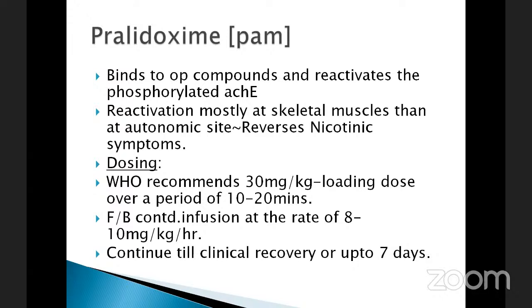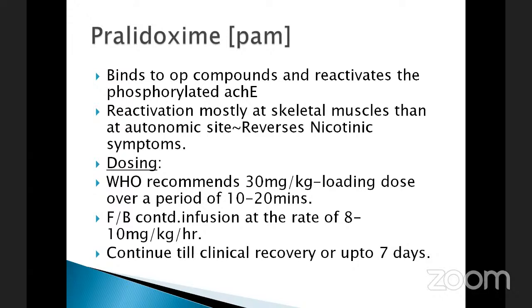Immediately we can send, sir. Usually after ingestion of the poison, we have to wait for 6 hours. If we send before that, it comes normal. So after 6 hours only, you have to send.